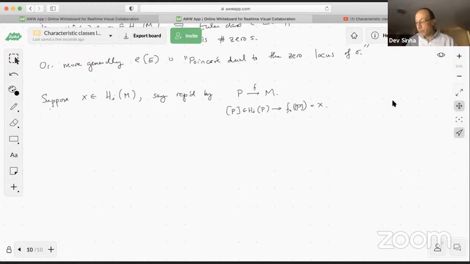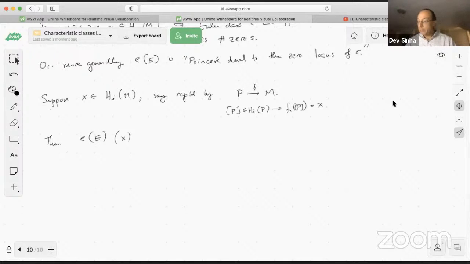There's not a canonical way to do that, but you can always do that. So then, and in particular, maybe we think of M as being smoothly triangulated, in which case P can often be just the subcomplex.